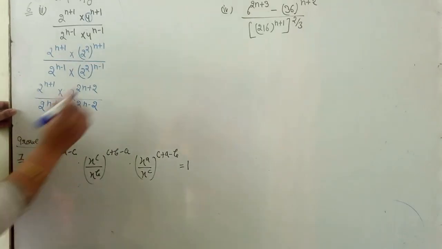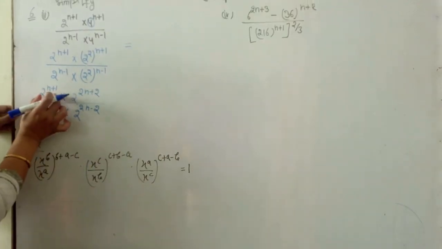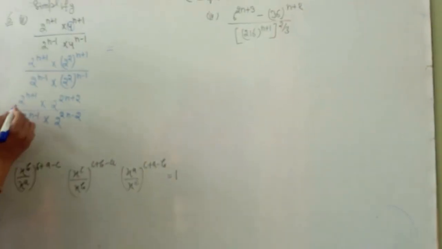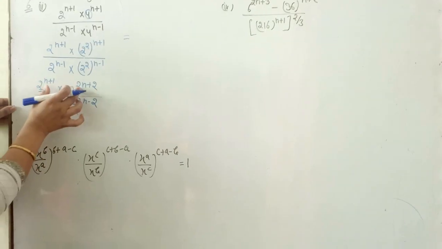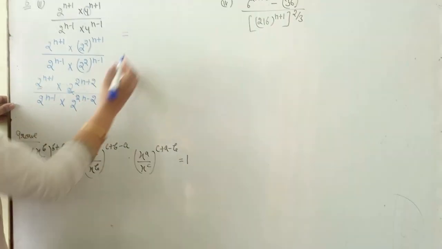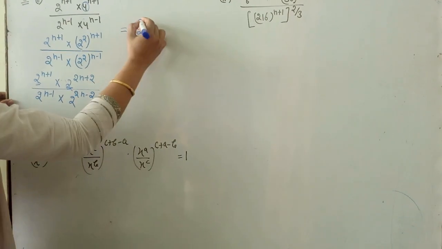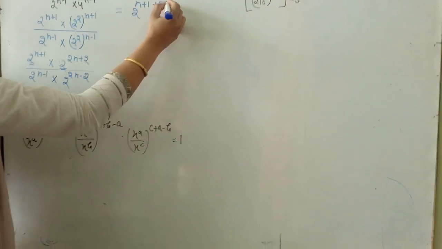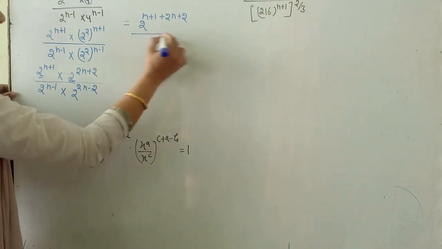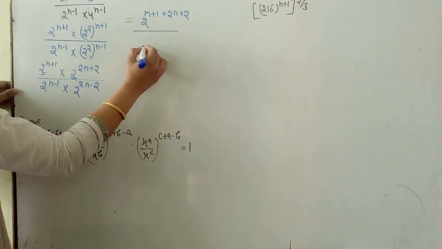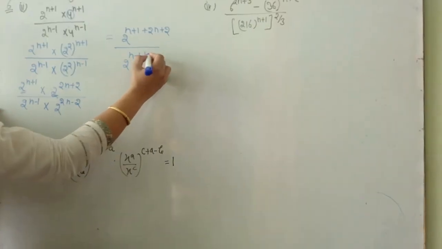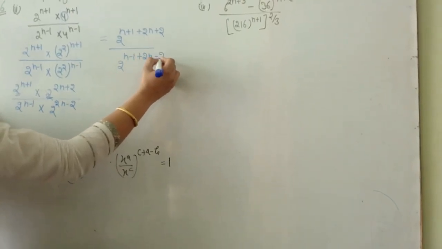Clear, student? Then this is equal to 2 raised to the power n plus 1 and 2 raised to the power 2n plus 2. Base same, then power should be added, so we can write 2 raised to the power n plus 1 plus 2n plus 2. Same, divided by: powers base same, then power should be added, n minus 1 plus 2n minus 2.